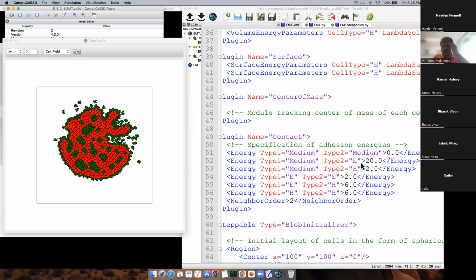Medium has 0, medium-epithelial has 20. We will not change those things. Medium-H will change, but for the time being put 2. To get this kind of separation from the tumor, we need 2. I will explain why we need 2. And epithelial is 2, epithelial-hybrid is 6, and hybrid is 6. These are all fixed. Just check with these numbers, and also change the neighbor order to 2.